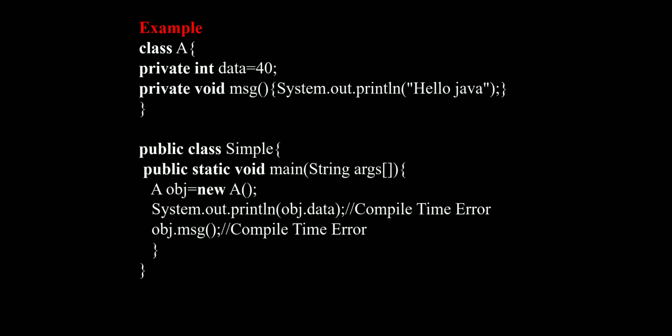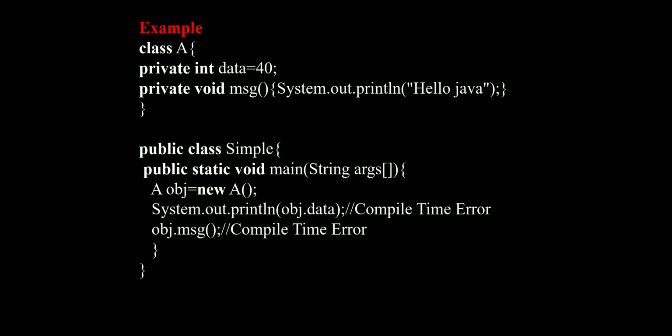Here one example is there. First we declare the A class. Within that class, we declare one variable, that is data, and also initialize the value as 40 and make it private.